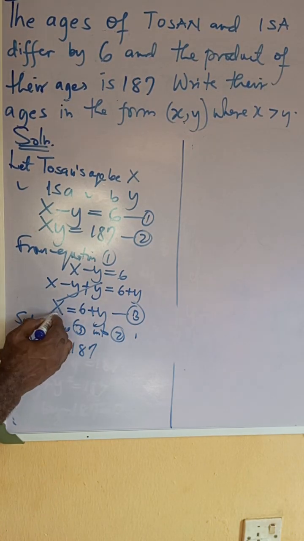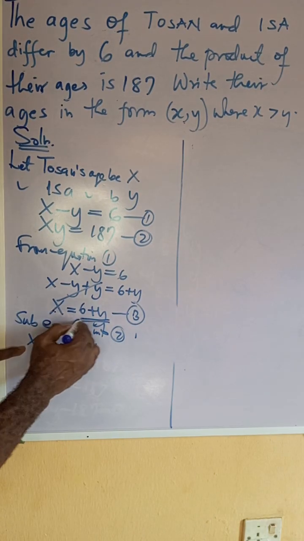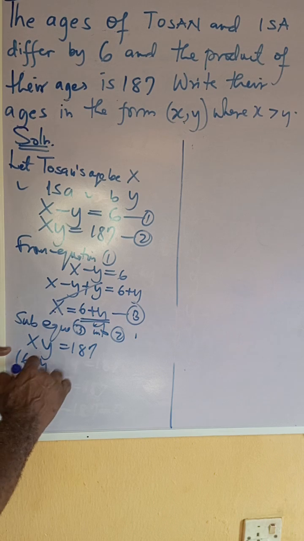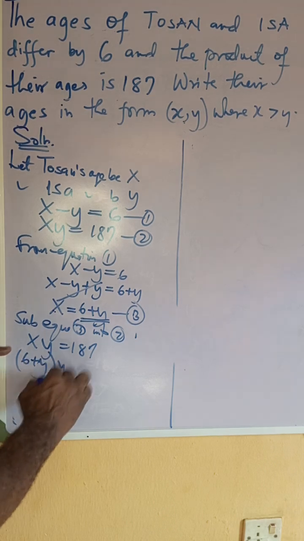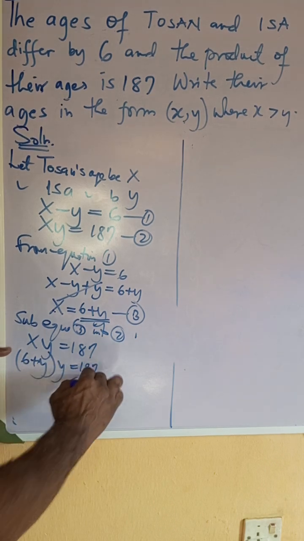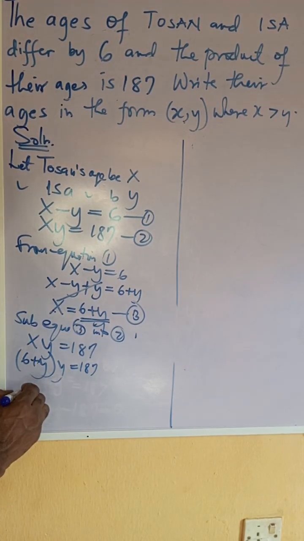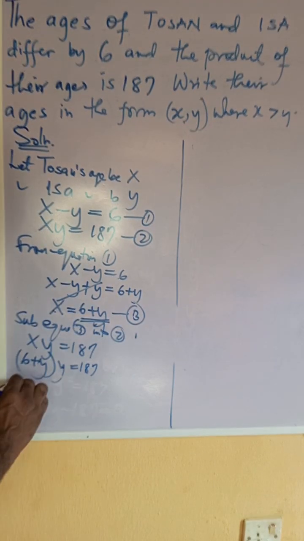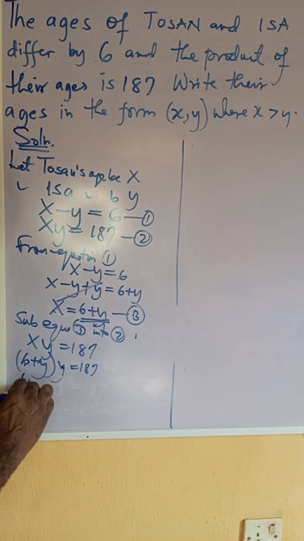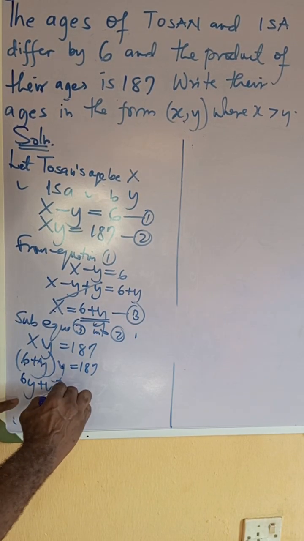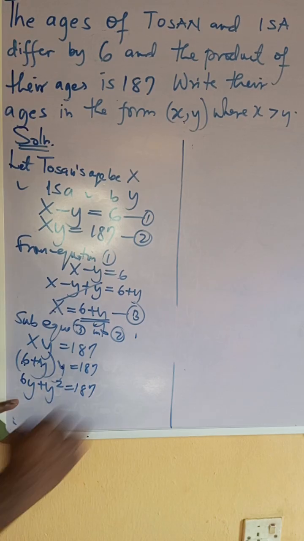So anywhere you see x, you replace it with 6 plus y. So (6 plus y) times y equals 187. At this point, we distribute this y inside the bracket: y multiplied by 6 gives 6y, and y multiplied by y gives y square, which is equal to 187.